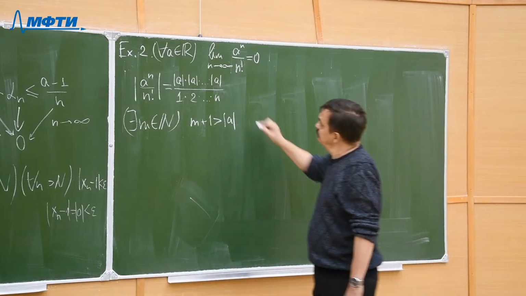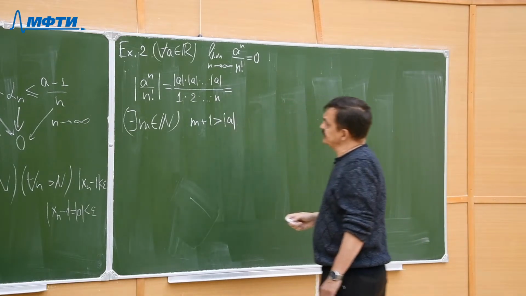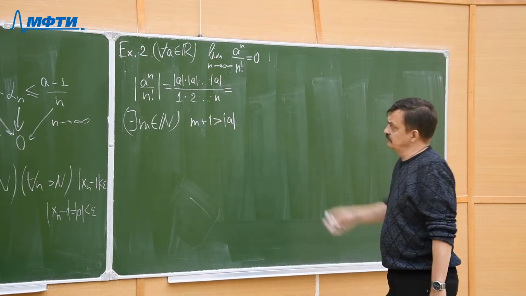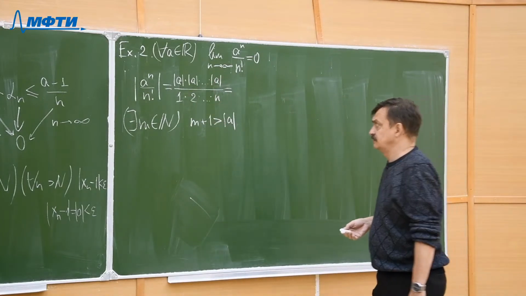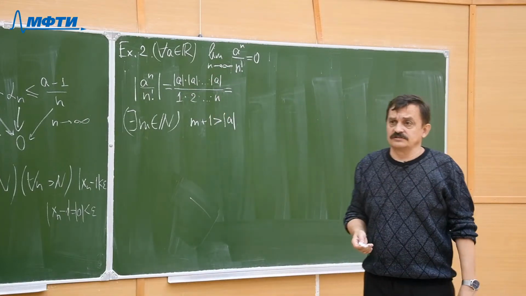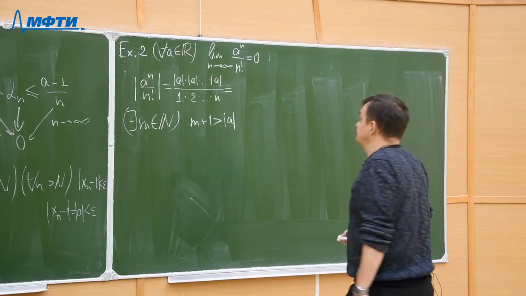So now I can split our product, and we may consider this fraction as a product of n fractions, into two parts.